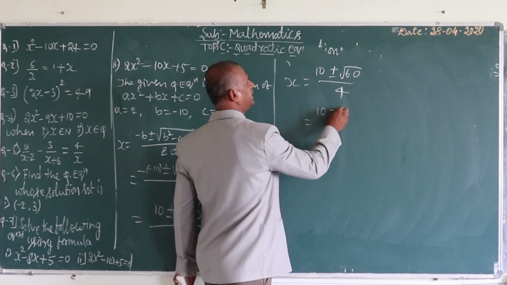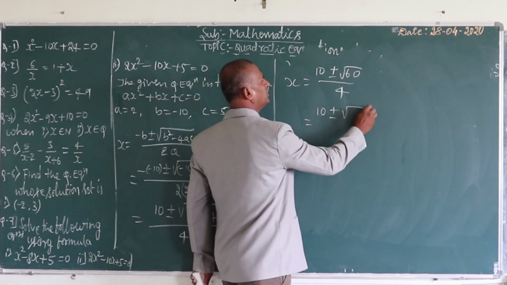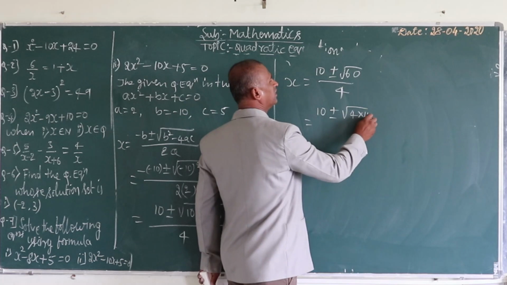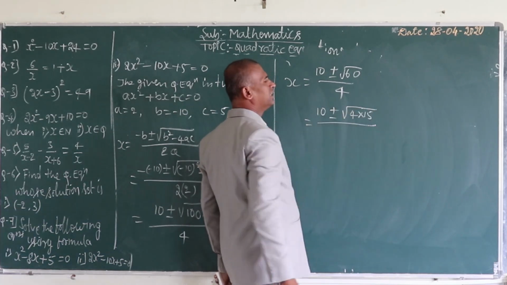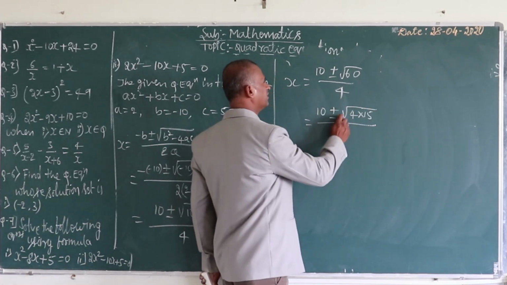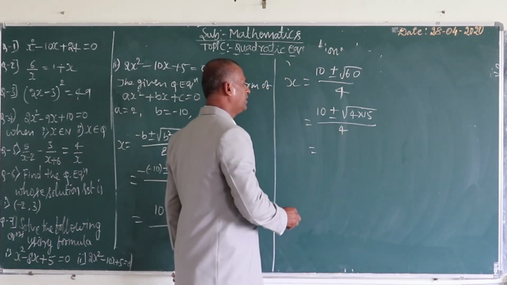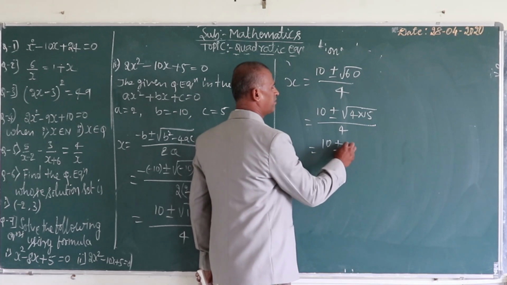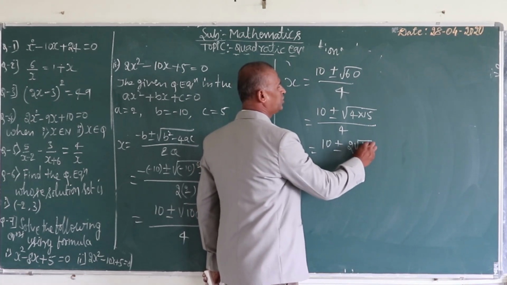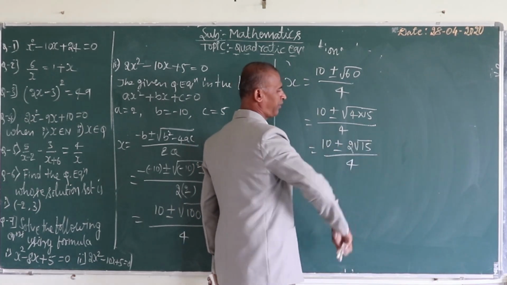This we will write as plus or minus root of 4 15s, 4 15s are 60. Now we can take common: 10 plus or minus square root of 4 is 2 root 15, by 4.